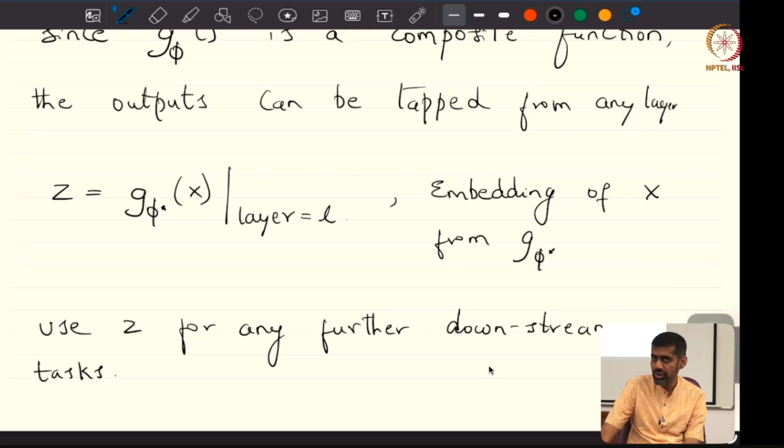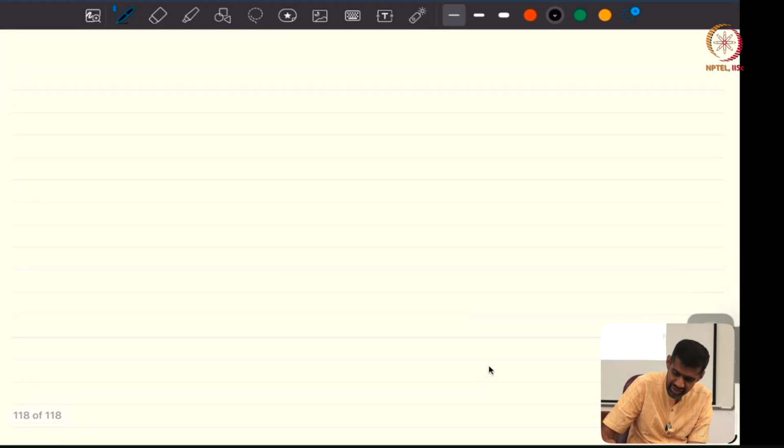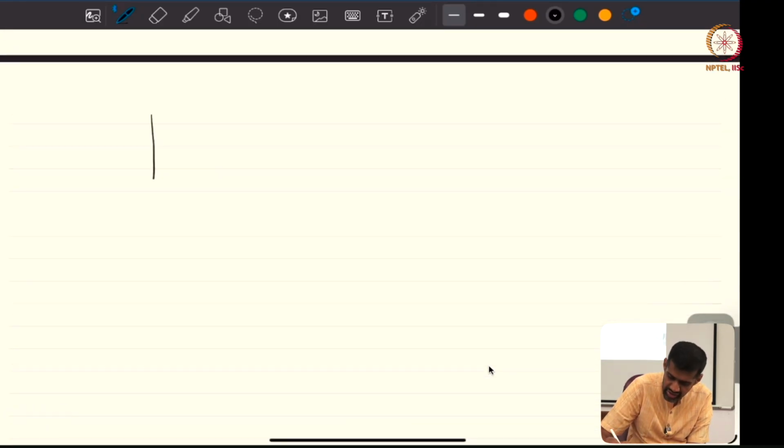So what you do is take the neural network that is pre-trained on the large-scale data set and tap the features from one of the earlier layers and then use it for the downstream tasks. This is very similar to doing this, right? Let's say that we have this function g. We have x and this is g phi.